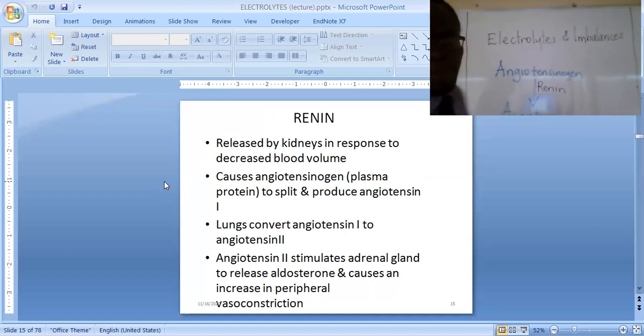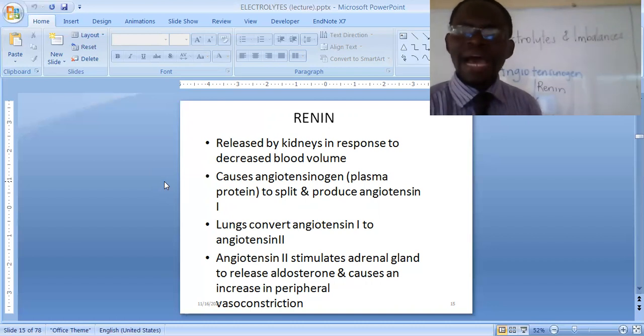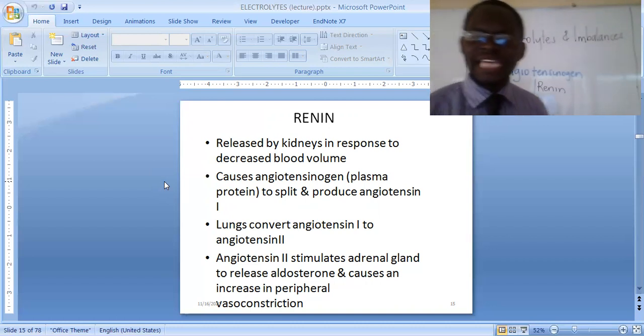Now, after the formation of angiotensin 1, this angiotensin 1 is converted to angiotensin 2 by an enzyme which is located within the lungs.